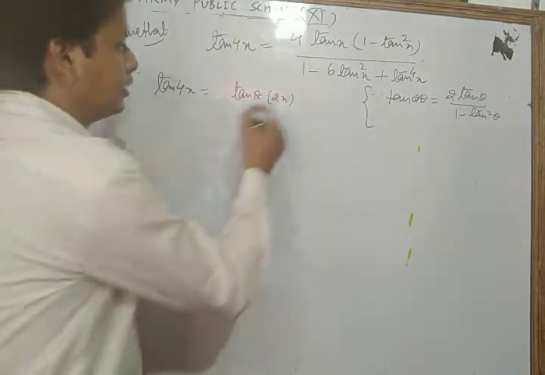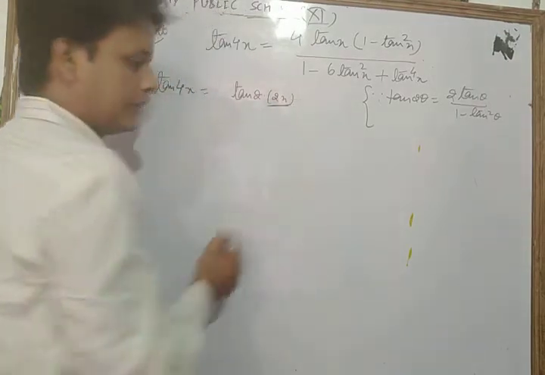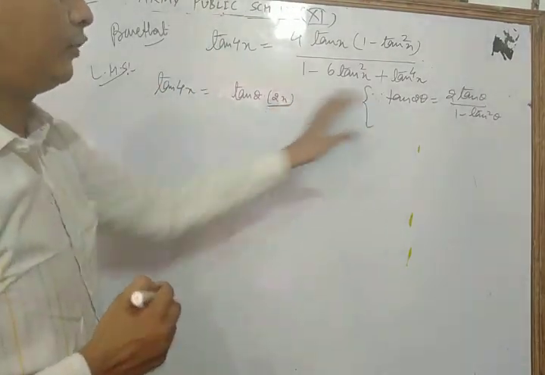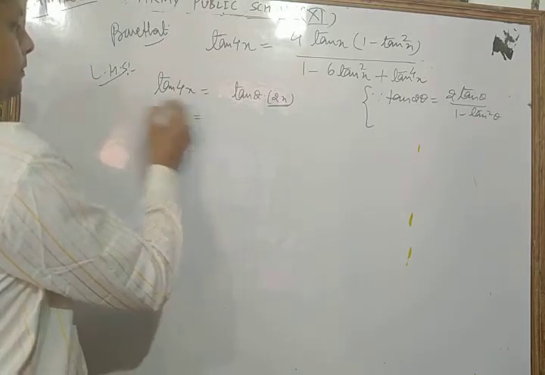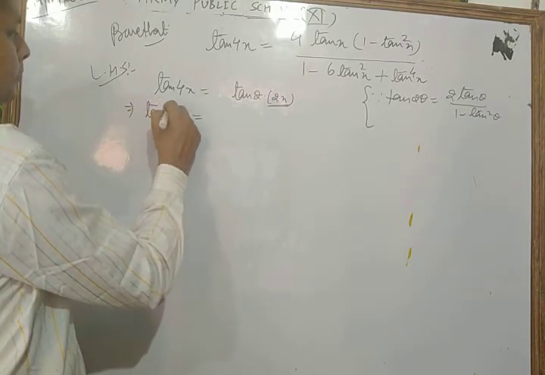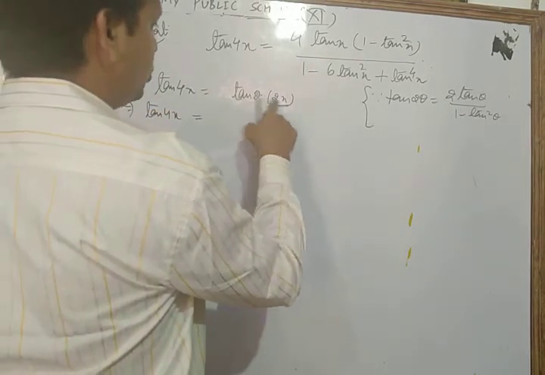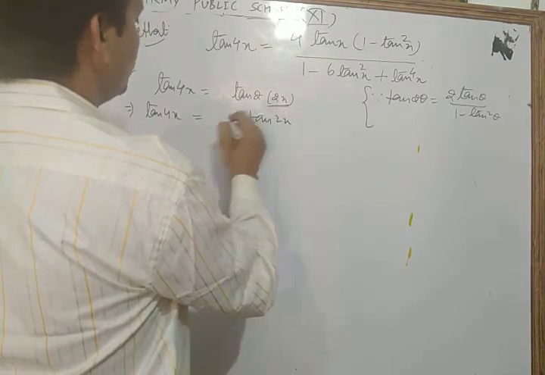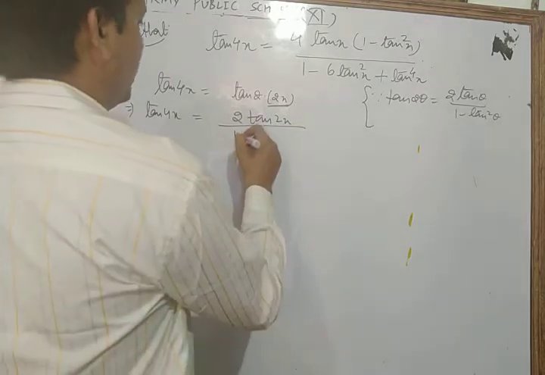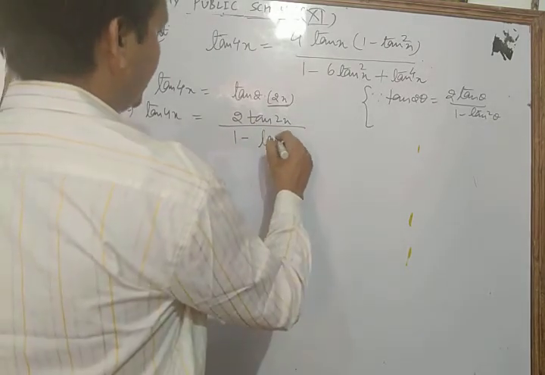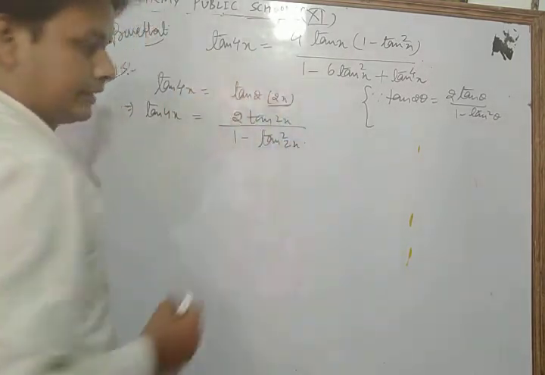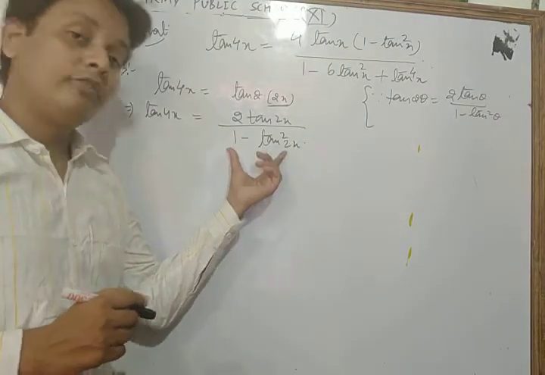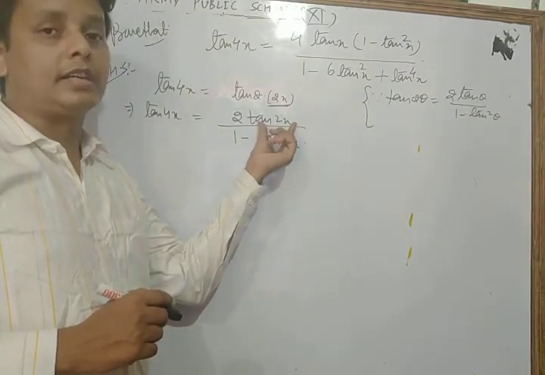So here your theta is 2x. So we apply that formula here. We get tan 2 theta, that is 2 tan 2x upon 1 minus tan square 2x. Okay, now here we again use the formula for 2x.